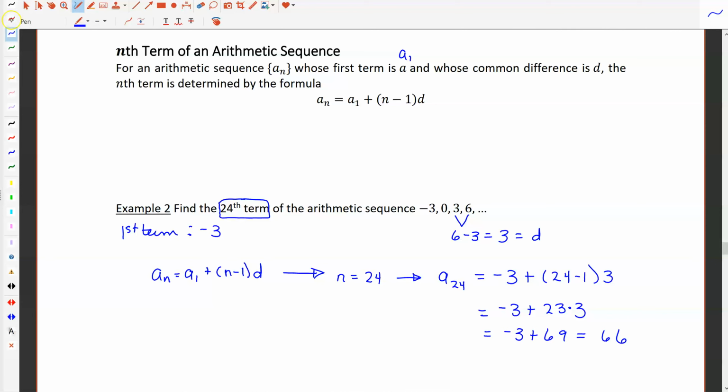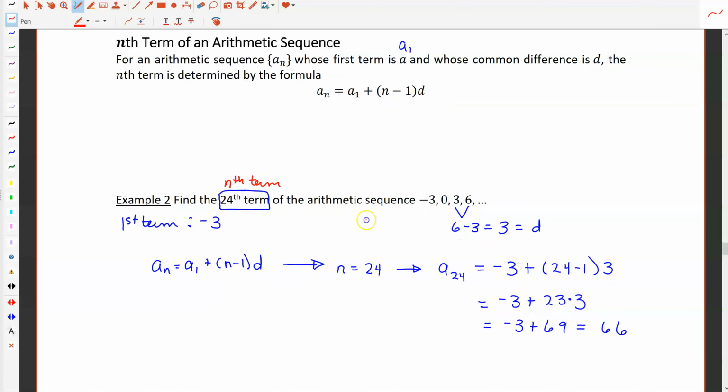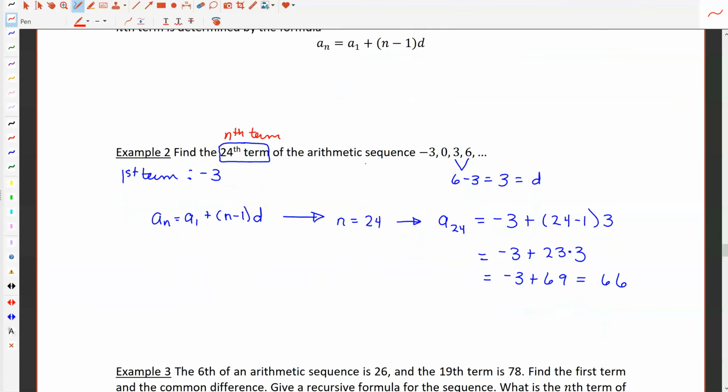Now, just to show you a variation of this before we move on, here I was given a very specific value for n, how far out I wanted to go in the sequence. But we could also just ask you to find the nth term of the sequence. In that case, the nth term, a sub n, is equal to a sub 1 plus n minus 1 times d. That's not going to change.